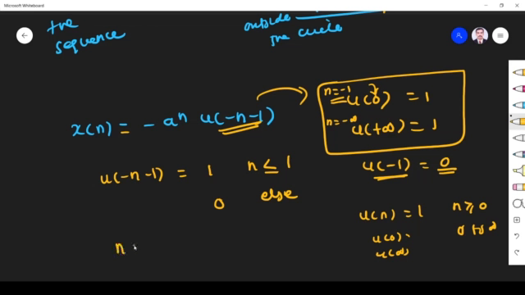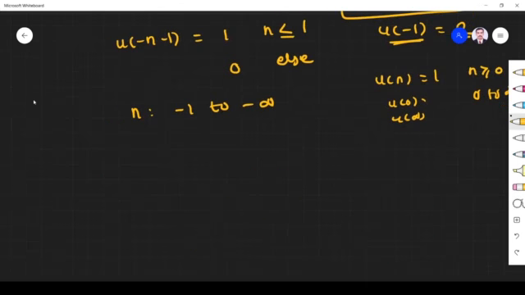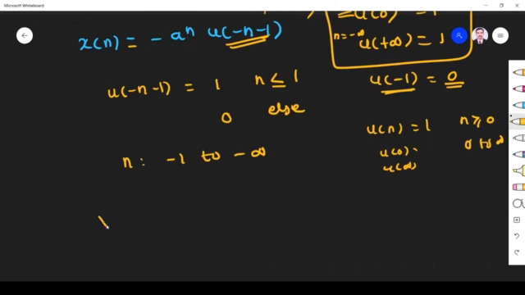So here n exists from −1 to −infinity. When you want to find the z transform, X(z) is the sum for n from −1 to −infinity of x(n) z^(−n). That is the thing we must know.